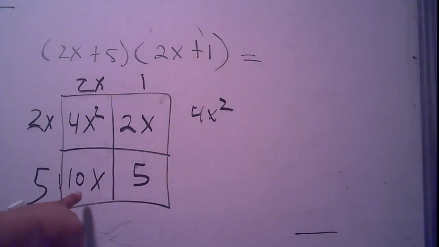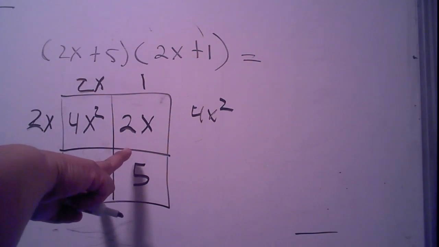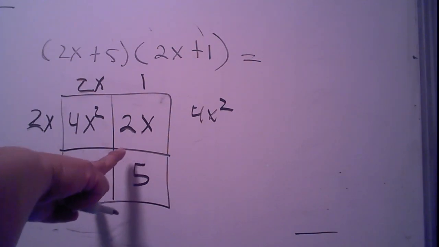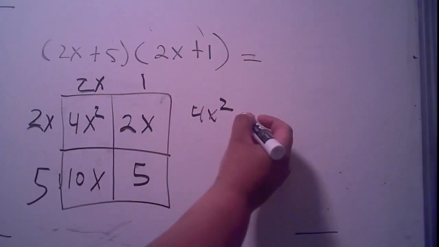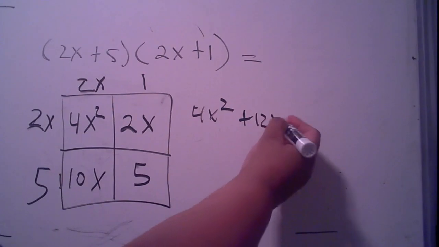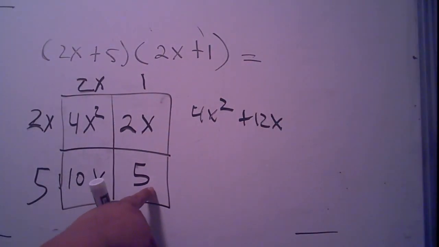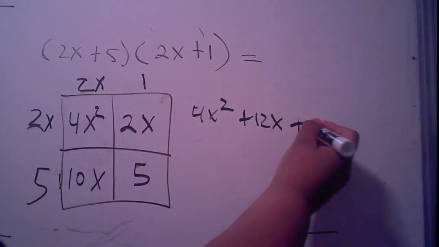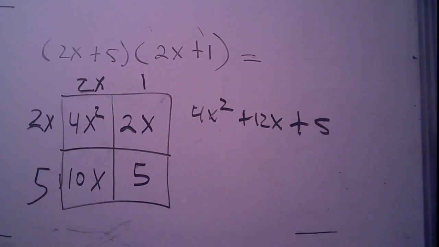And then we take the next lowest degree, which we add. So 10 plus 2 is 12x, and then I don't see another constant, so we'll leave it as 5. So that's the final answer: 4x squared plus 12x plus 5.